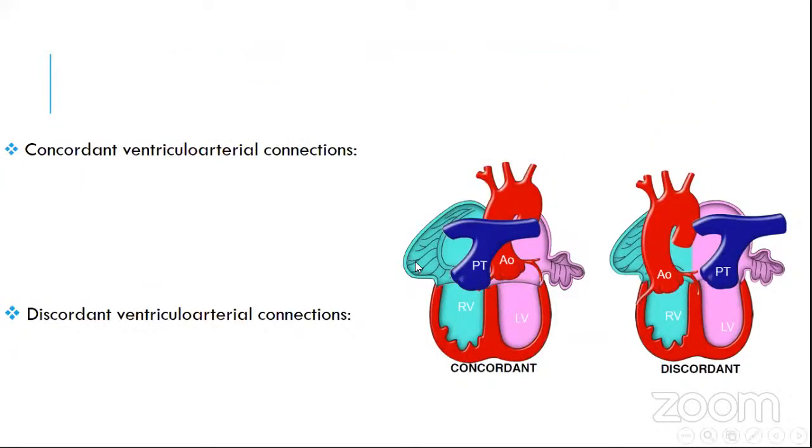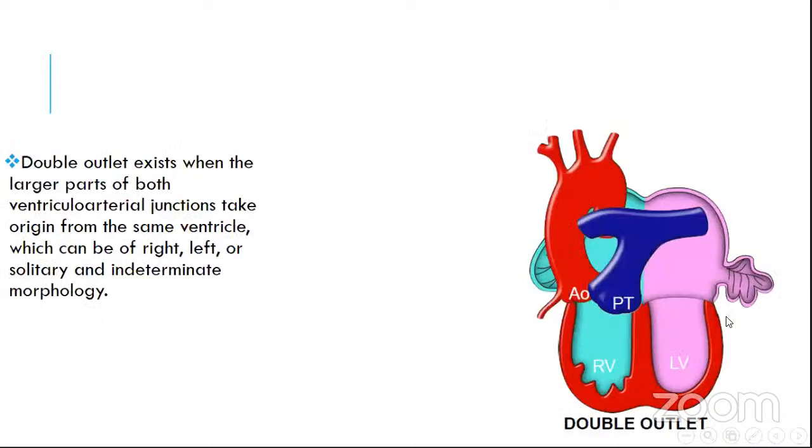So we have concordant and discordant ventriculo-arterial connections. Concordant is when the pulmonary trunk takes origin from the right ventricle and the aortic artery takes origin from the left ventricle. Discordant is the reverse: the aortic artery takes origin from the RV and the pulmonary trunk takes origin from the LV.